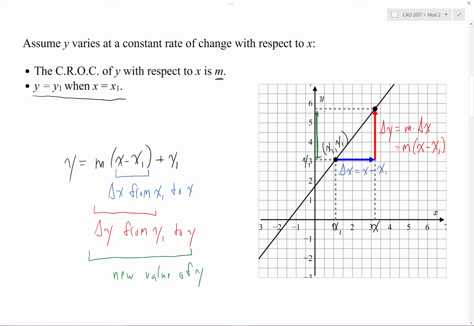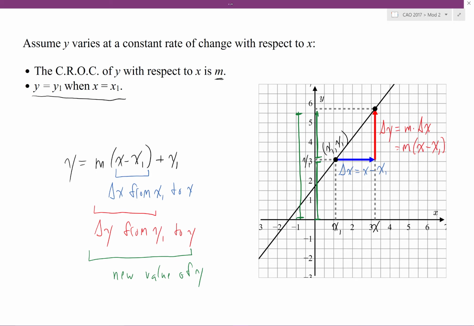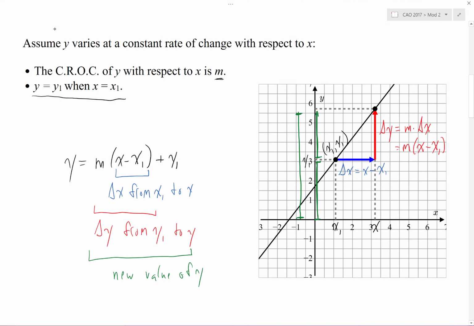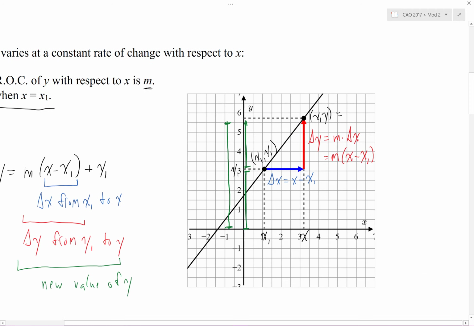If we take the change in y, and we add it to the reference value of y, what we compute is this new value of y. Therefore, our new point is x, y, and we know that y is equal to m times x minus x1 plus y1.